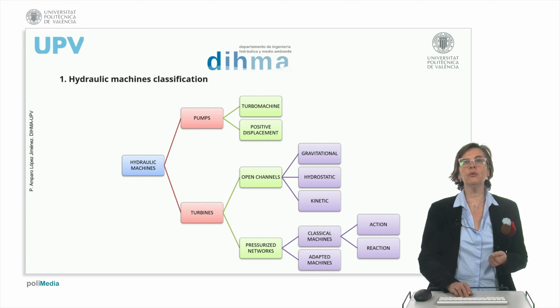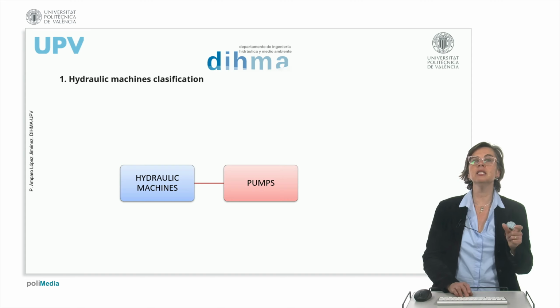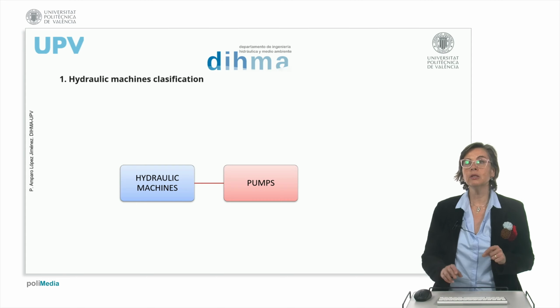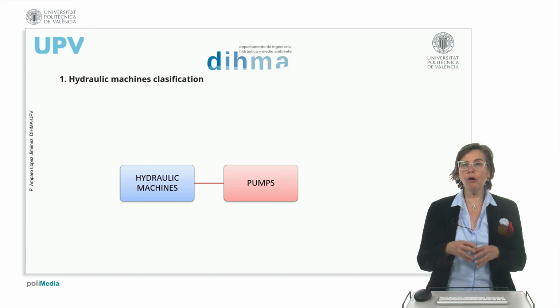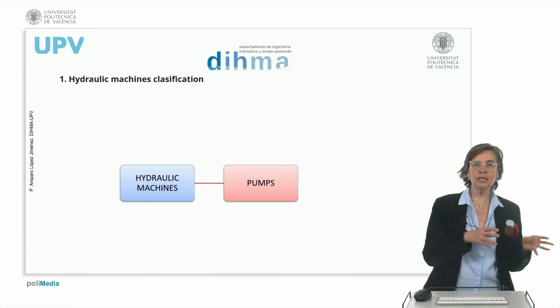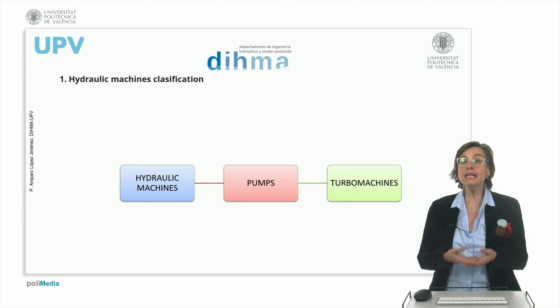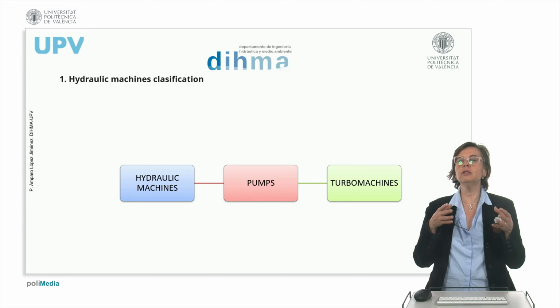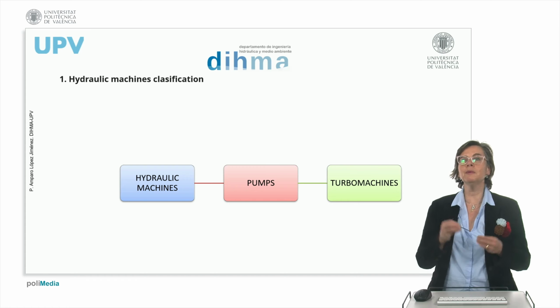So where are we? We are speaking of hydraulic machines in terms of pumps. So we have a machine which is a transformer of mechanical energy into hydraulic energy. In this particular case, we are not speaking about positive displacement machines, but turbo machines.